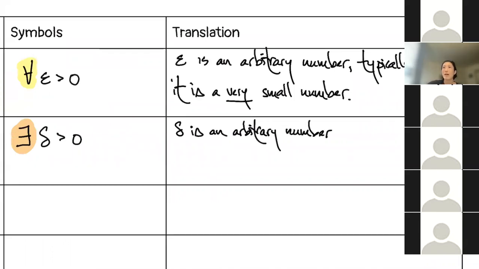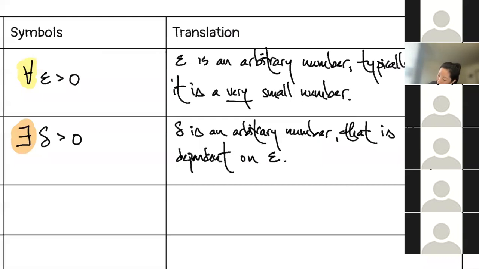When we say arbitrary, it doesn't mean it's random. It just means that the number itself doesn't matter as much as its size or its relationship to another number. Delta is an arbitrary number that is dependent on epsilon, and delta goes with the x values.